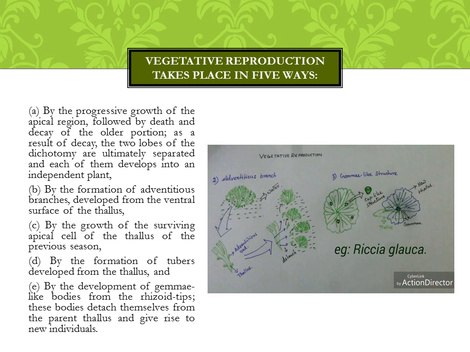The tubers which remain dormant during unfavorable condition resume their growth under favorable atmosphere. So majority of the Riccia are monoecious plants, and hence vegetatively they can also develop.